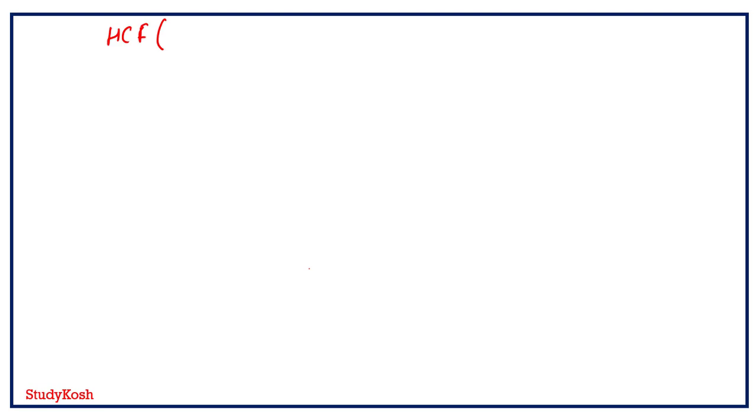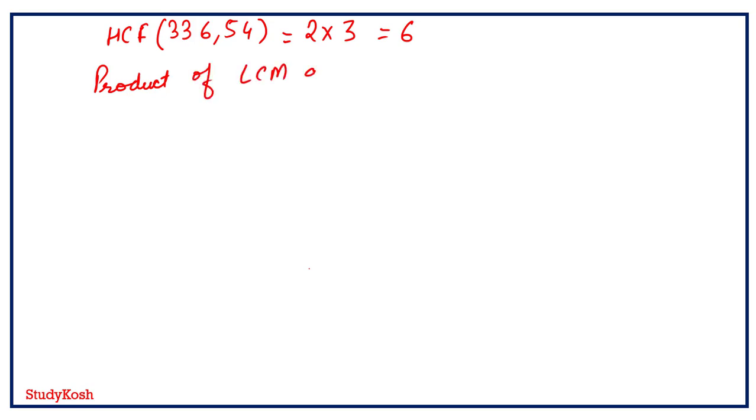So HCF of 336 and 54 is the multiplication of common factors, that is 6. Now we'll find out the products. Product of LCM and HCF, which is 3024 multiplied by 6, that would be 18,144.